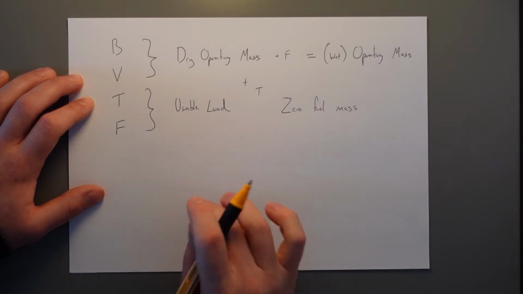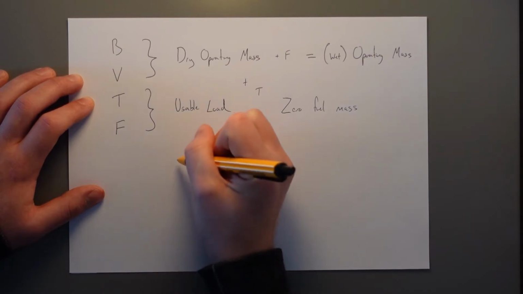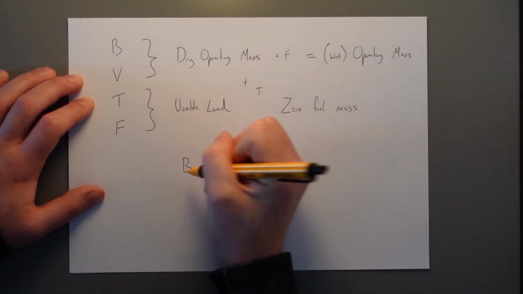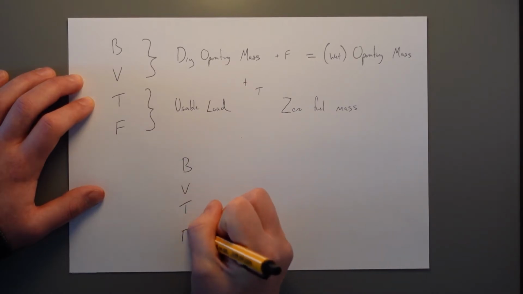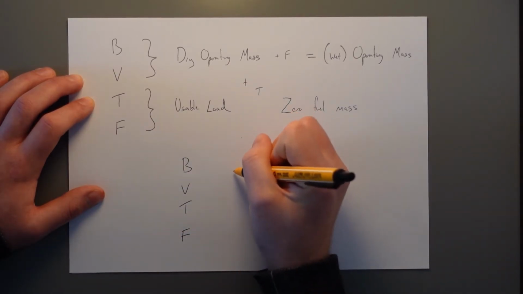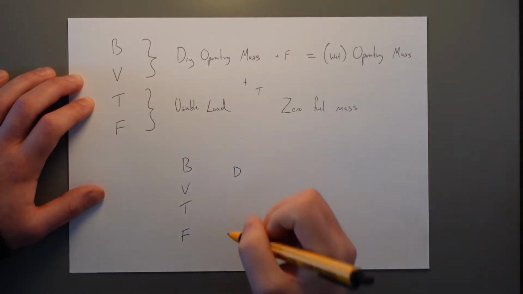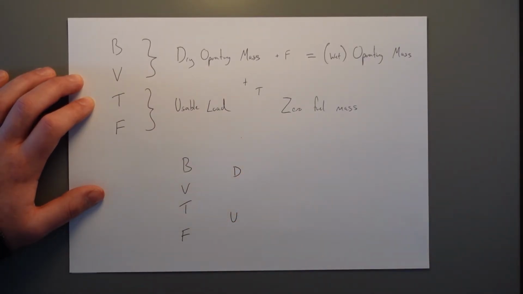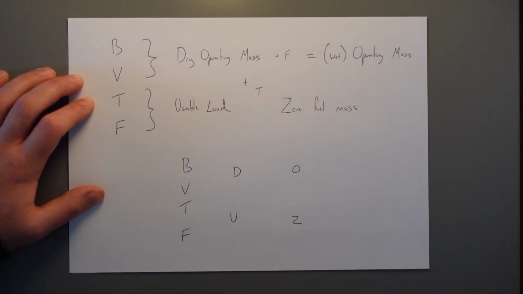A handy way to remember this sort of arrangement is by using a silly acronym. B, very tall for dunking unbelievably awesomely.